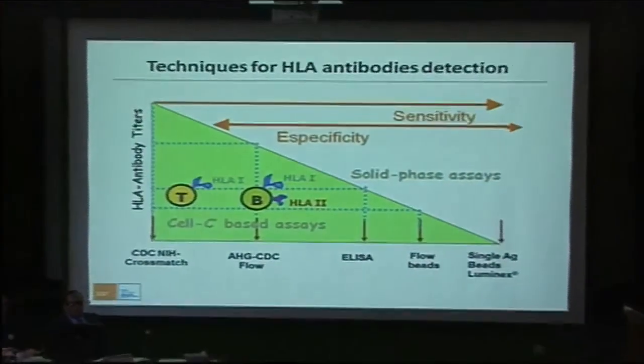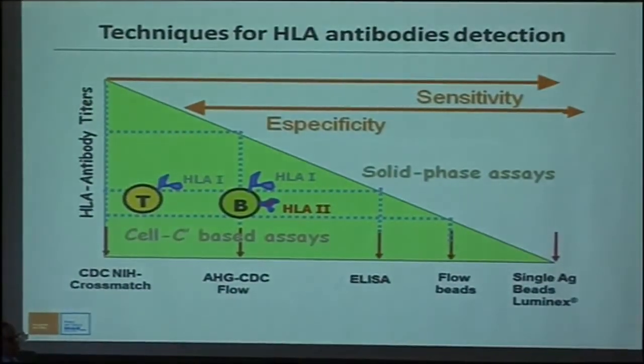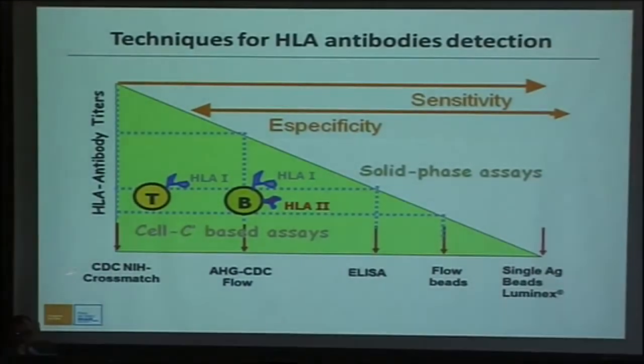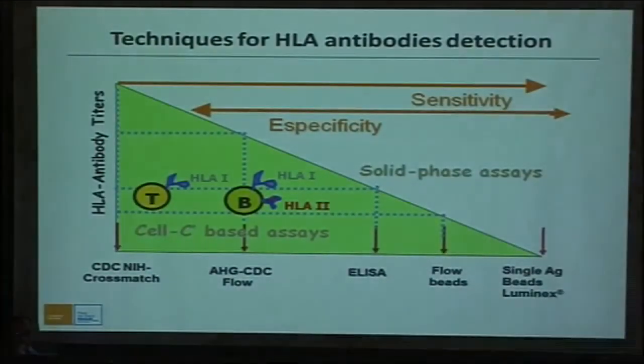During the last years or decades, we have developed from the late 60s, where the CDC NIH crossmatch was developed by Terasaki in the United States. This was really very specific, so it measures the true death of the cells when you confront donor lymphocytes with the serum of the recipient, and you see a great specificity, but you lose a lot of antibodies with this reaction.